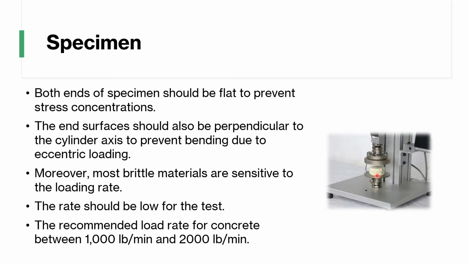The rate should be low for the test. The recommended load rate for concrete is 1,000 pounds per minute to 2,000 pounds per minute. So in 1 minute you're going to load that amount of concrete.